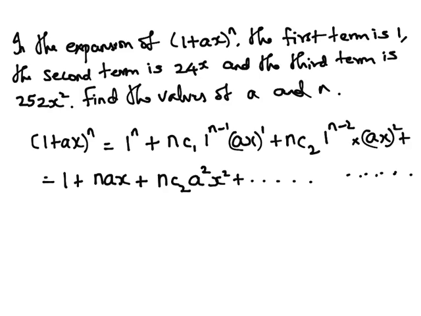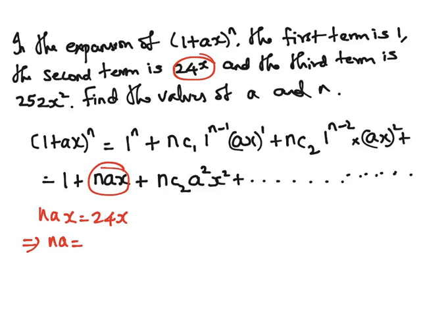Now it's given that the second term is 24x. That means the second term nax equals 24x, which means na has to be 24. This is one thing that you got. And it is also given that the third term is 252x squared.